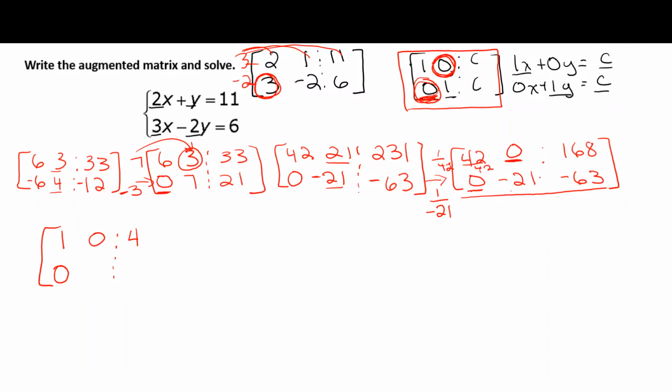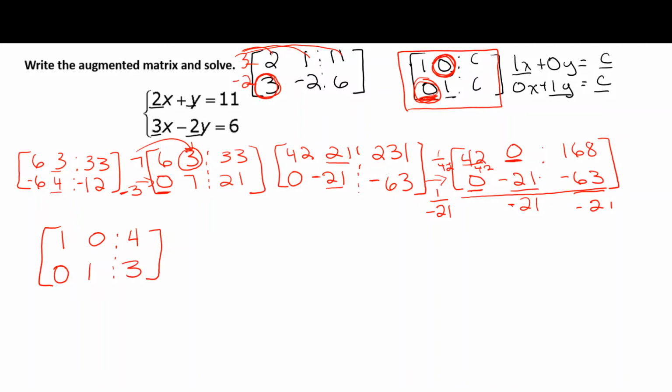Negative 21 multiplied by 1 over negative 21 is positive 1. And then negative 63 divided by negative 21 is positive 3.